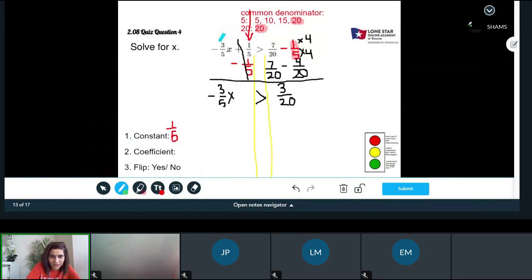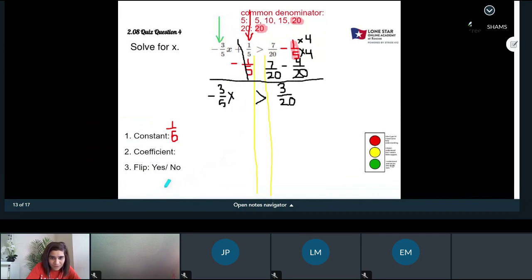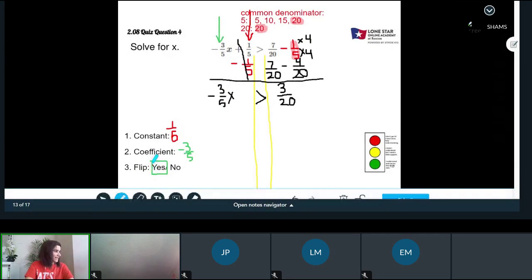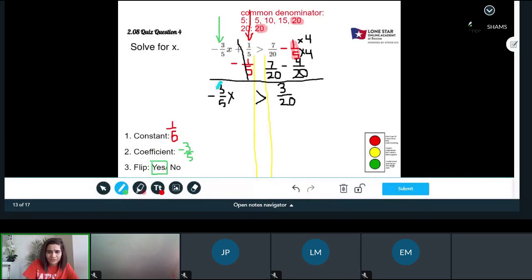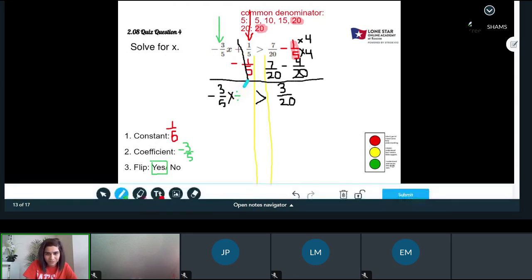You guys see here, my coefficient, this is the number that is with x, is negative. So you flip the inequality when you are there for the final answer. So negative 3/5 is coefficient. And yes, please do flip because coefficient is negative. To get rid of negative 3/5 and to get x by itself, I am dividing both sides by negative 3/5.